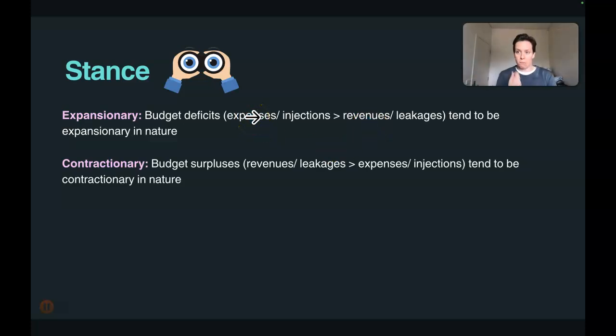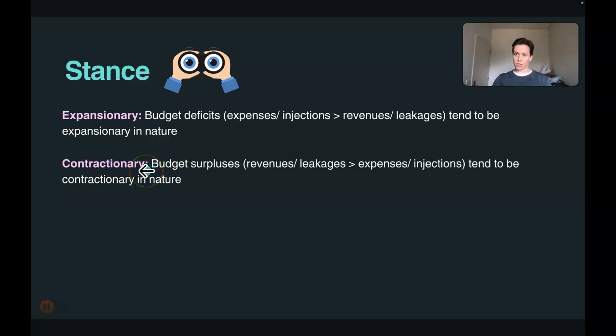If the government is expending money, it's putting money into the economy. It's an injection. And likewise, if the government is incurring revenues, it means that it's being paid. That money is being taken out of the economy. It's a leakage. And so during an expansionary stance, we're going to see a situation where injections are greater than leakages, just like I said in the previous slide, ultimately in order to take on that expansionary nature.